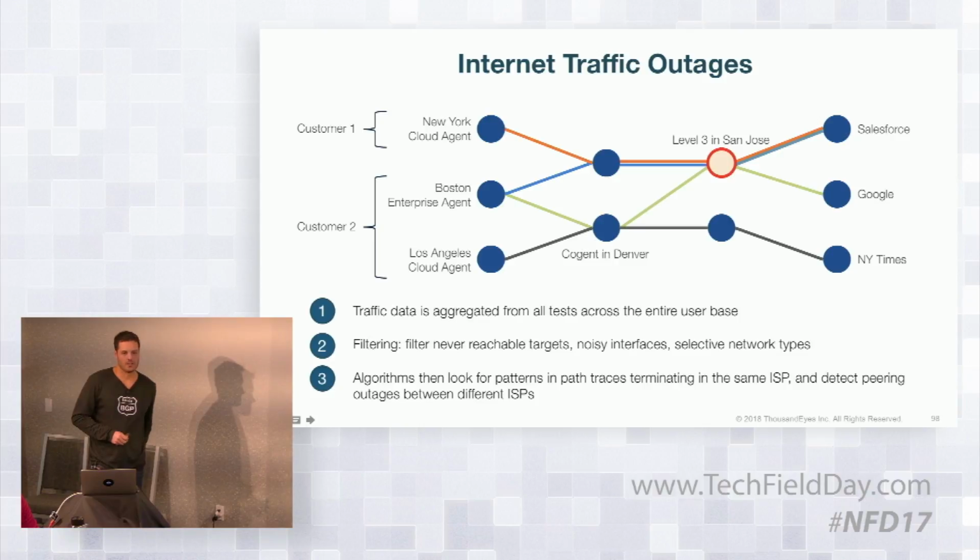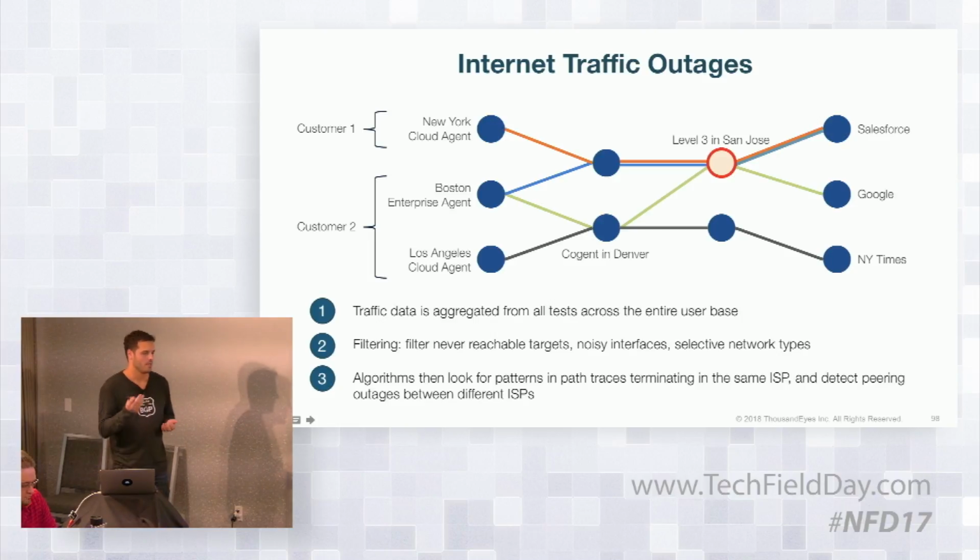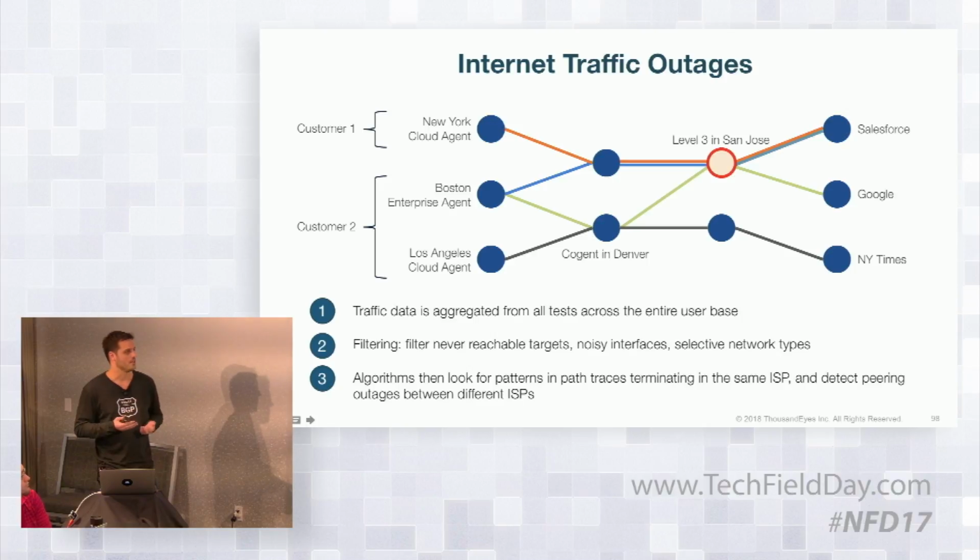So this is just to give you an idea of how we do the outage detection for the traffic case. The way we do this is by superimposing all the data from all the customers, all the path traces from all the agents we have in the system, to all the applications we have configured. We superimpose that over time, and we start looking for patterns of packet loss. In this case, you have two customers. Customer one is using a New York agent, and customer two has Boston and Los Angeles agents.